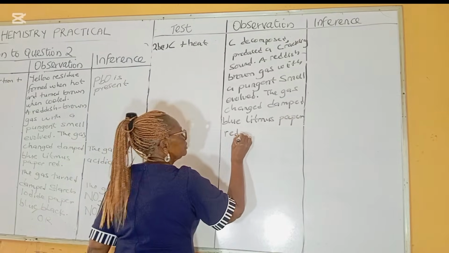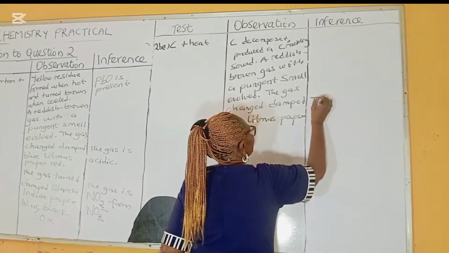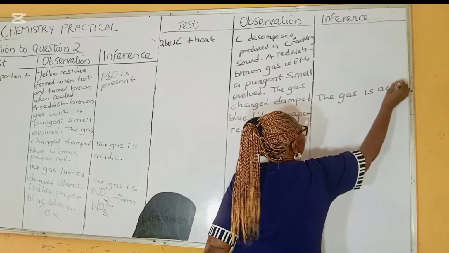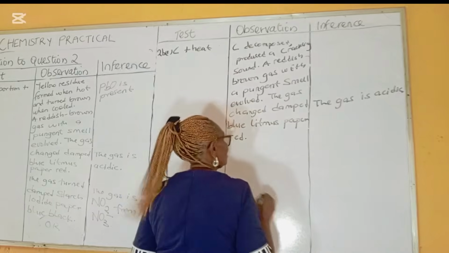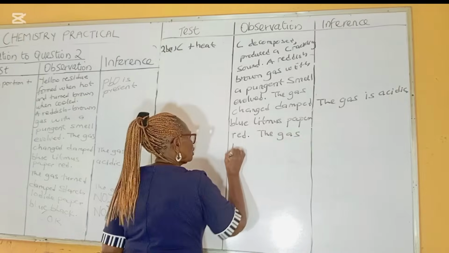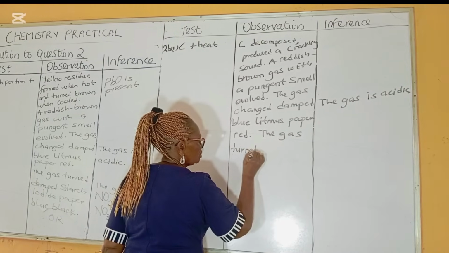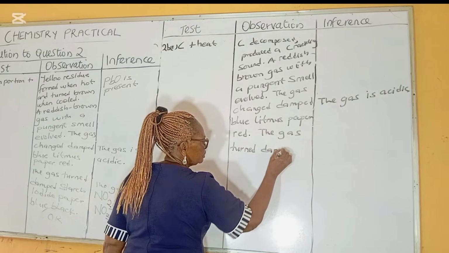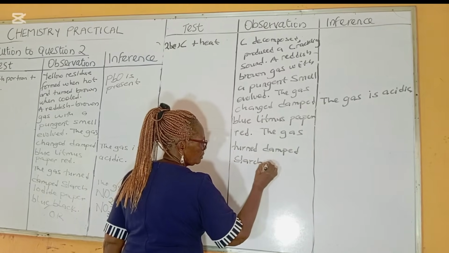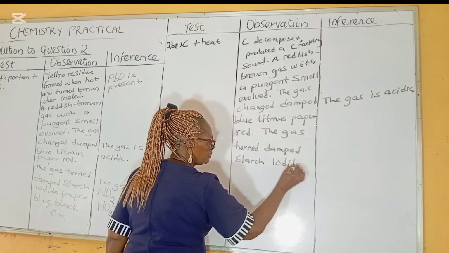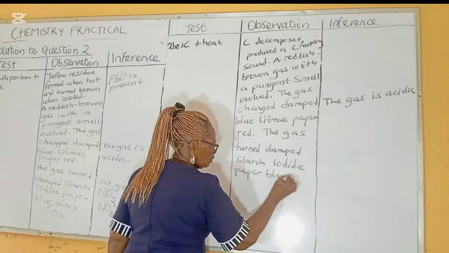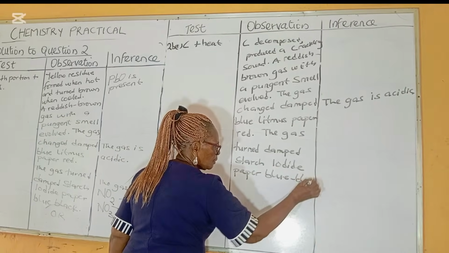Follow here. The gas, don't forget, is acidic. The gas turned damp starch iodide paper blue black.